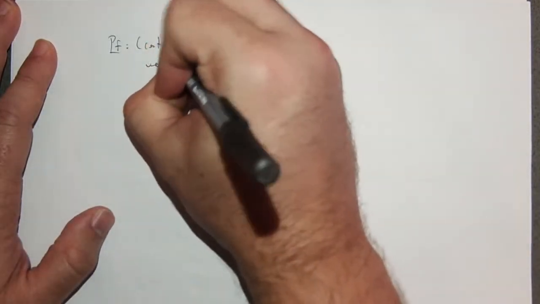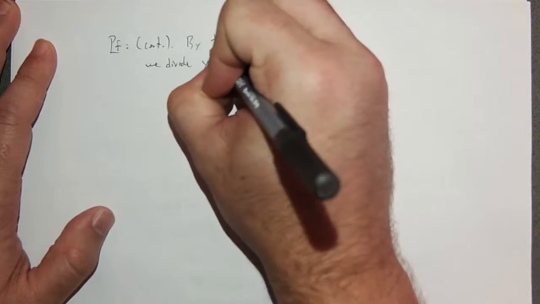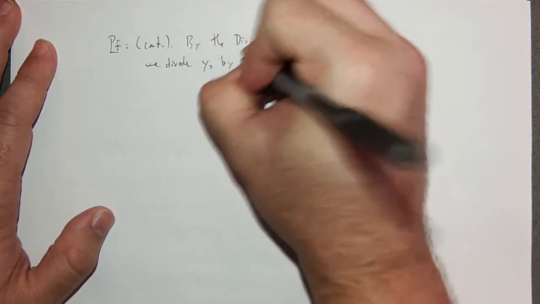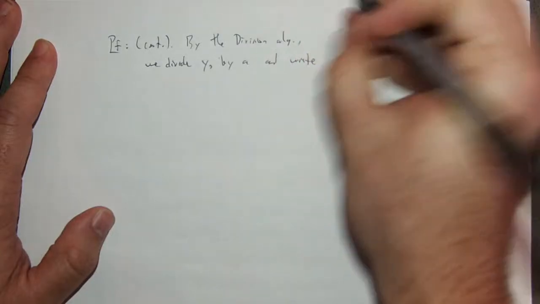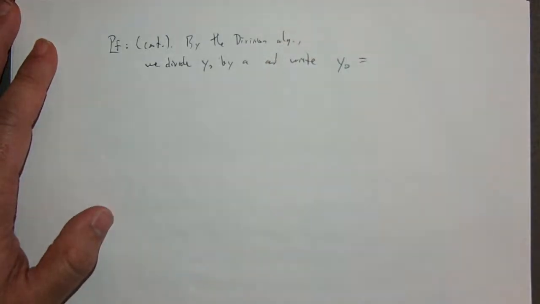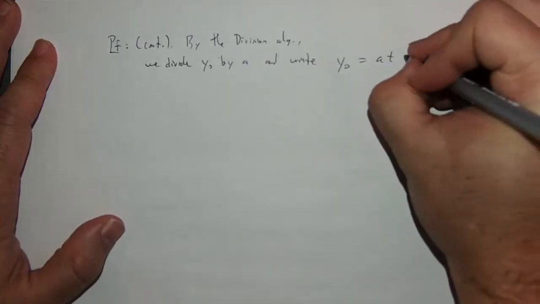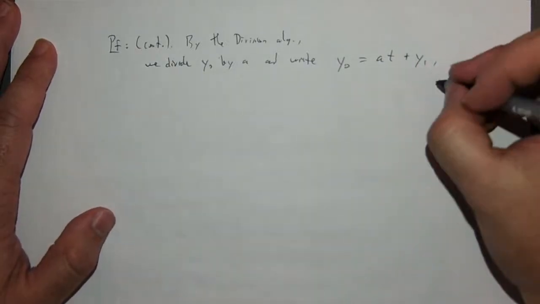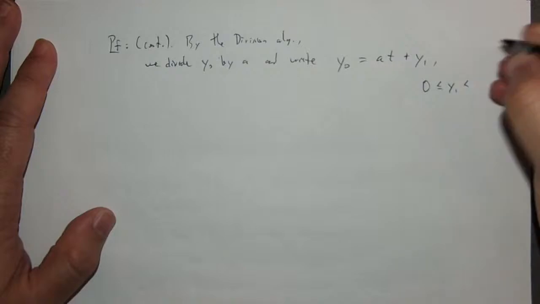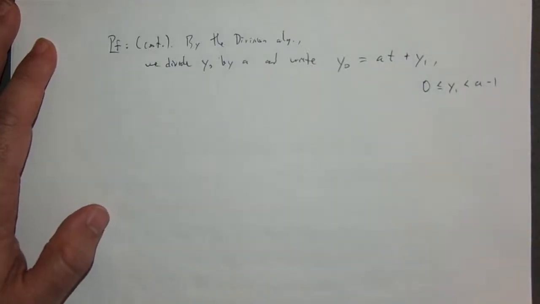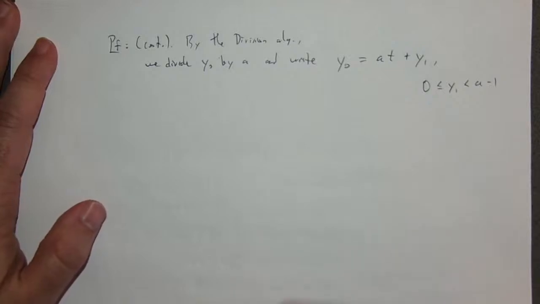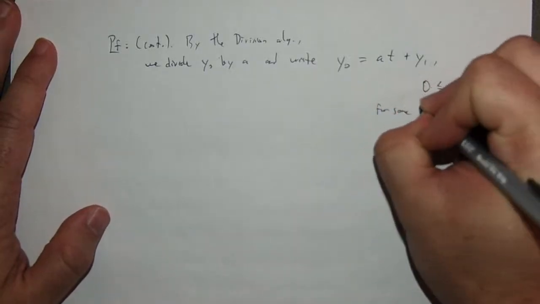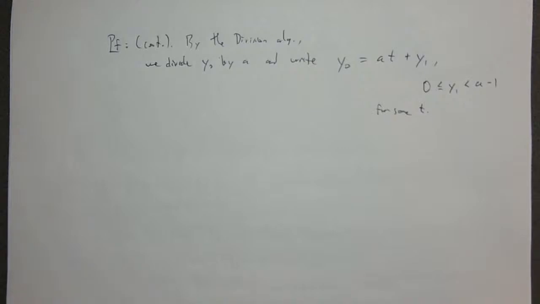We divide, say, y naught by a, and write that y naught is at plus y sub 1, where y sub 1 is non-negative, strictly less than a, minus 1 for some t. Okay. All right. So this is our choice of y.